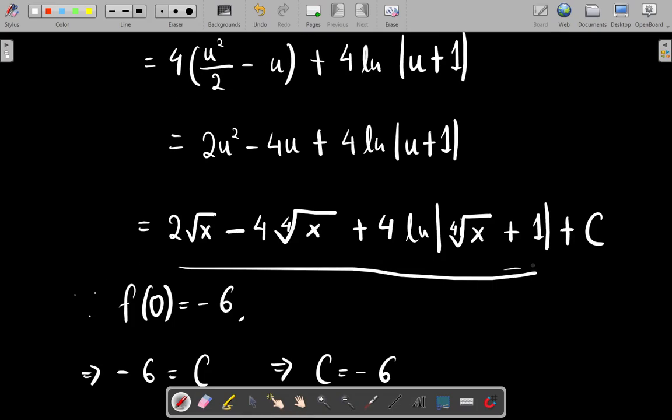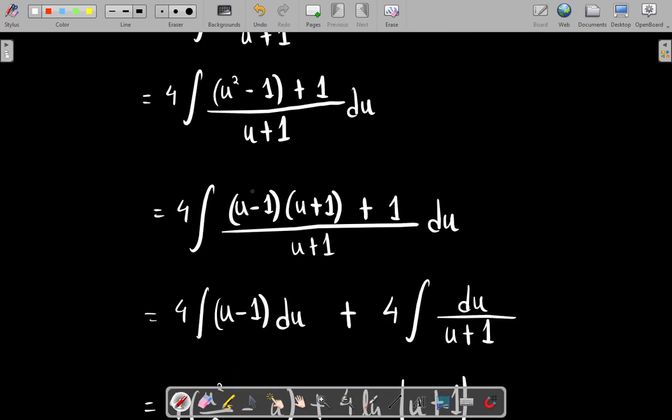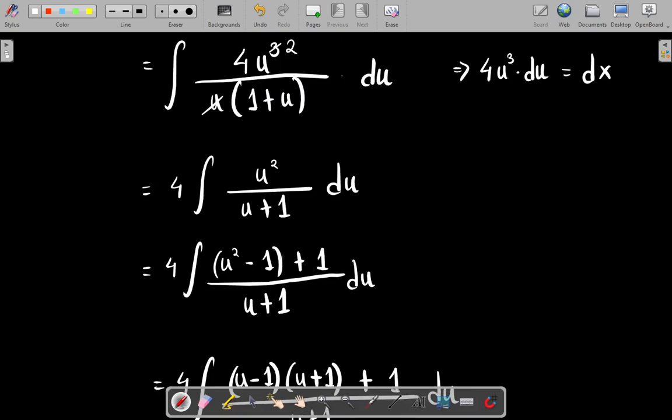Okay, this was not that difficult of an integral. You just need to do one substitution here for x raised to the power 1/4, and the integral in this case required a slight partial fraction of minus 1 plus 1 in the numerator.